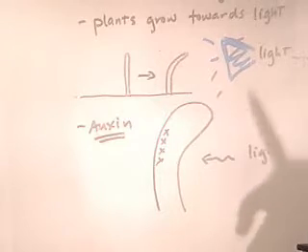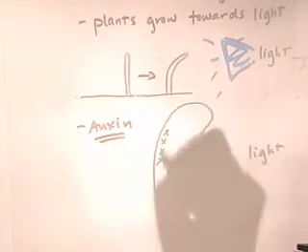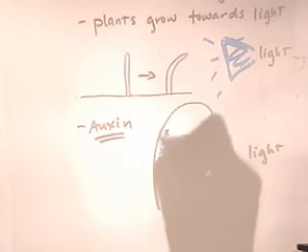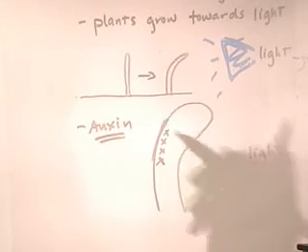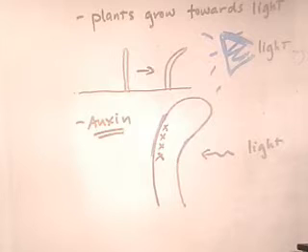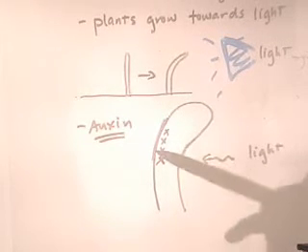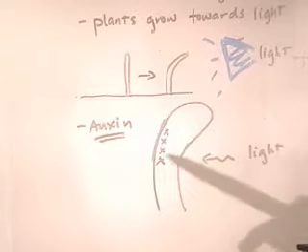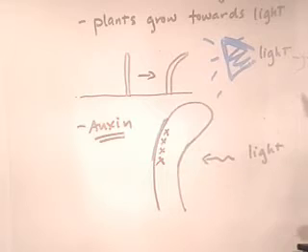So by doing that, since auxin is a growth hormone in shoots, this side of the plant that has more auxin is going to grow more than this side of the plant, which doesn't have auxin, or not as much anyway. So what you end up with is differential growth. This side is growing faster than this side, so it ends up curving. This side is longer, ends up curving towards the light.